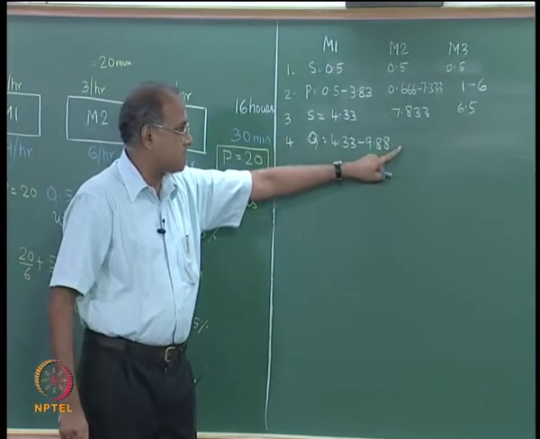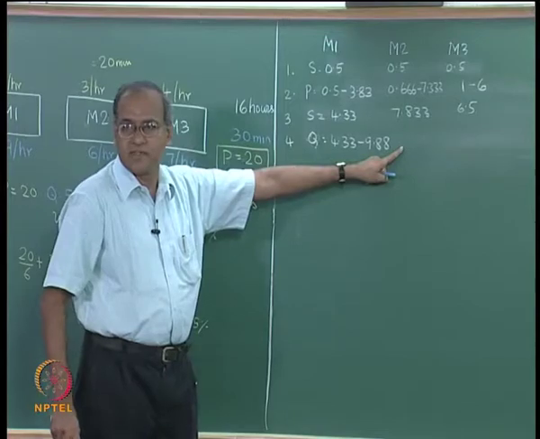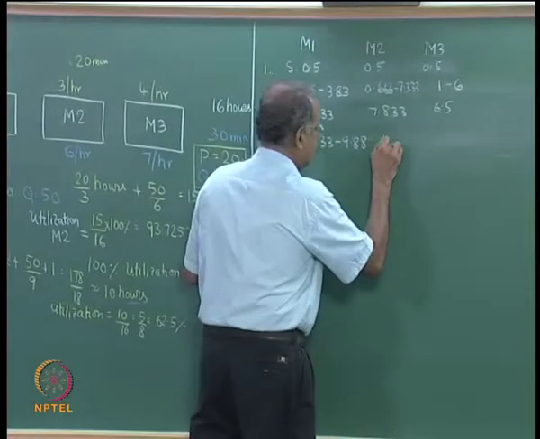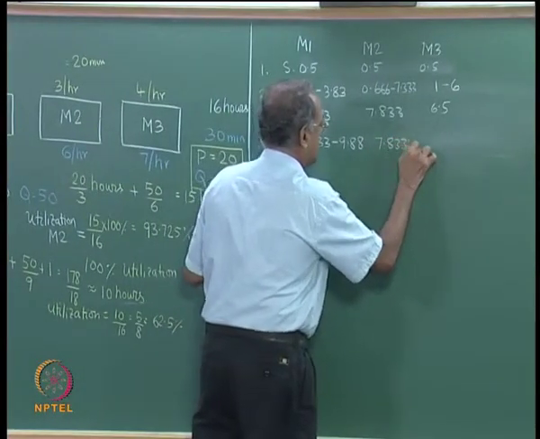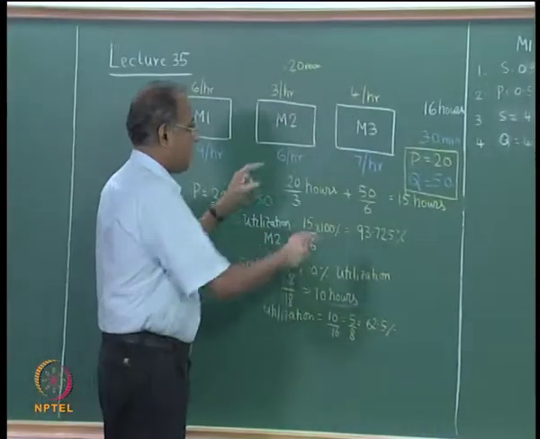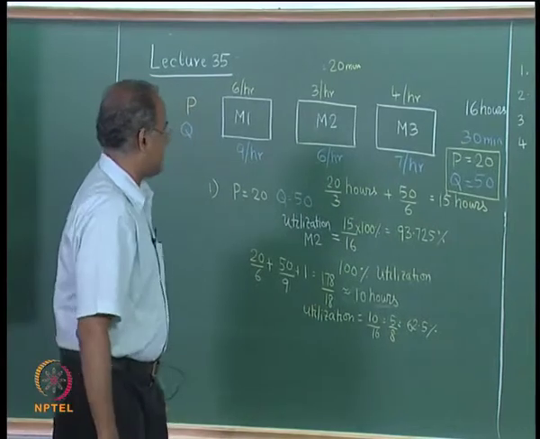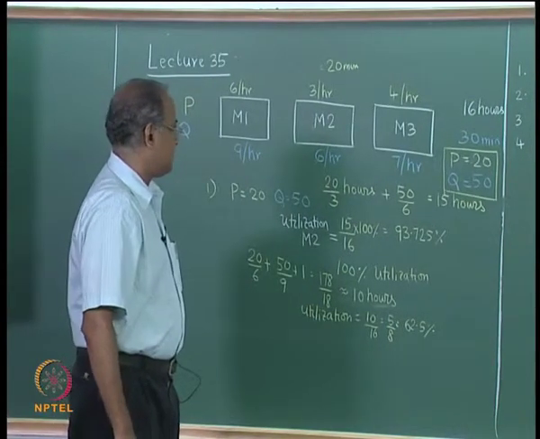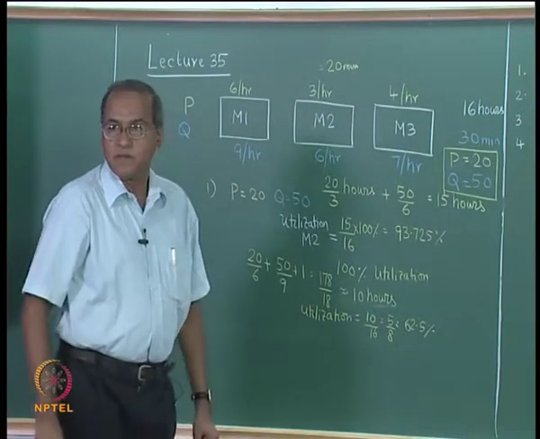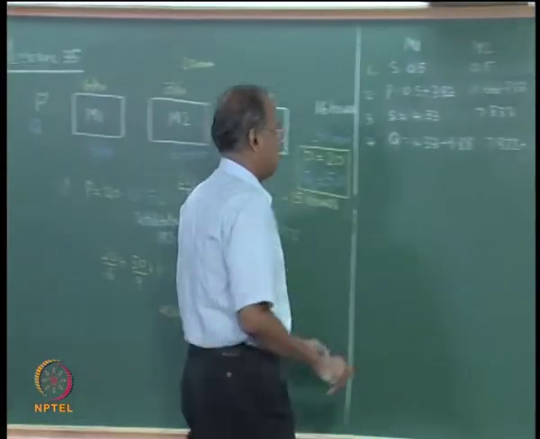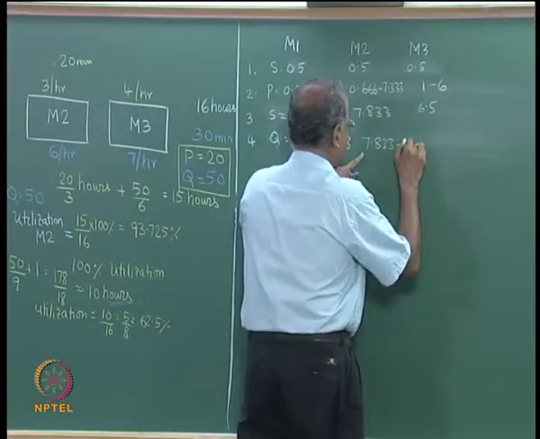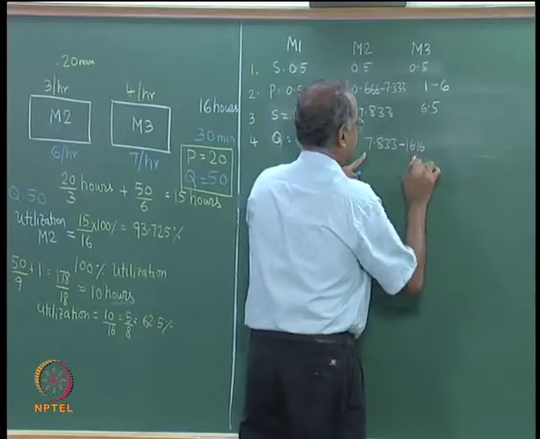So, this machine can start producing only at 7.833. The bottleneck will take 50 by 6, which is 8.33. So, 7.8 plus 8.33 is 16.16.